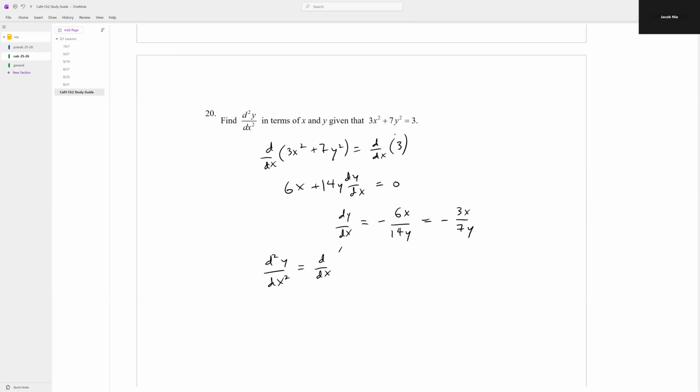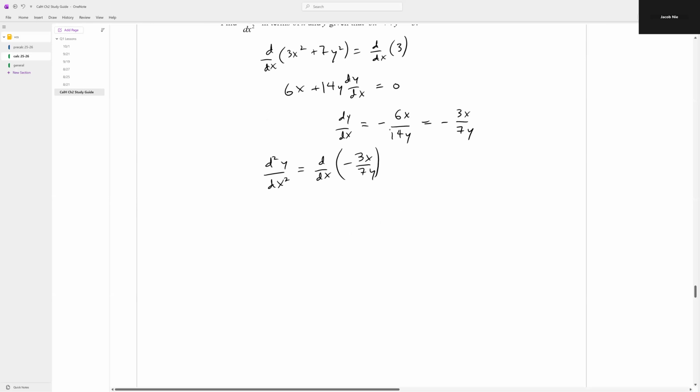And now we can do another derivative of both sides, which will give us the second derivative. Okay, so I'm going to do a derivative of left and right sides. This is going to require that I use quotient rule. Okay, so I'm going to do low d high minus high d low.